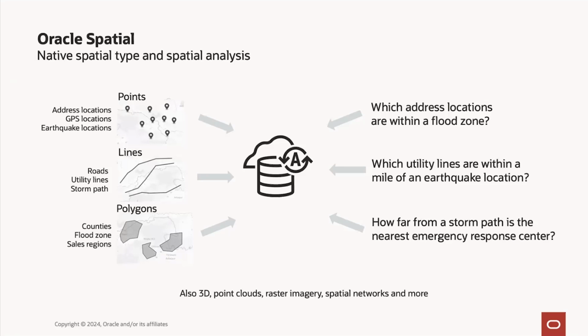And of course, we do more than points, lines, polygons. Folks understand we do 3D, point clouds, network data, and all kinds of other stuff. But the essence, the kernel of it is really points, lines, polygons, and within the database, being able to ask the kinds of explicit questions with SQL that you see on the right.